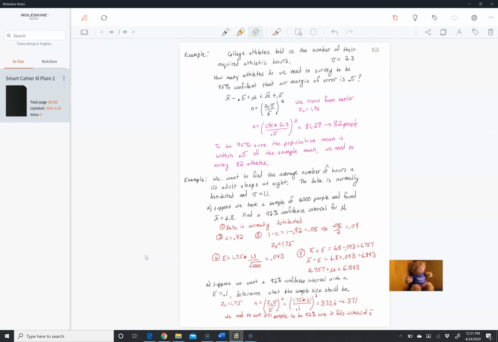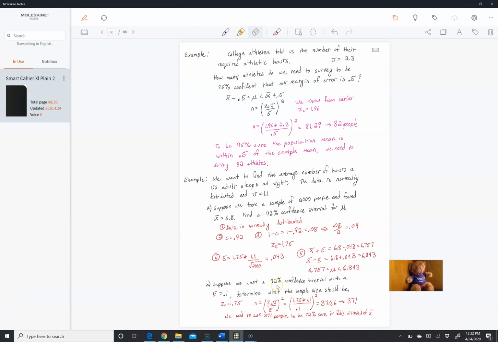Okay, the interval is going to change depending on how confident we want to be that the mean falls within that interval. The more confident we are, the bigger the interval. Finally, if we know a margin of error that we want, then we could determine what the best sample size should be for that margin of error and that level of confidence.